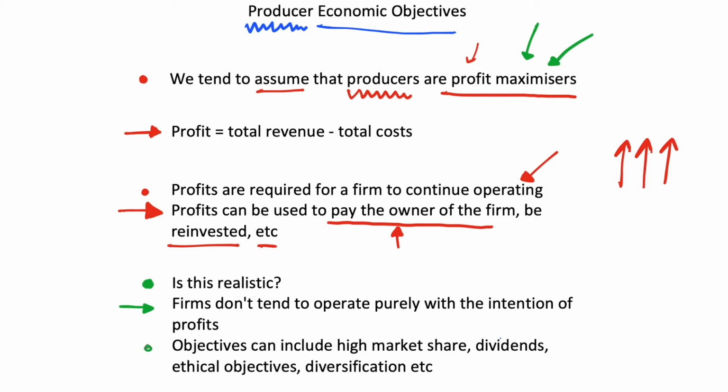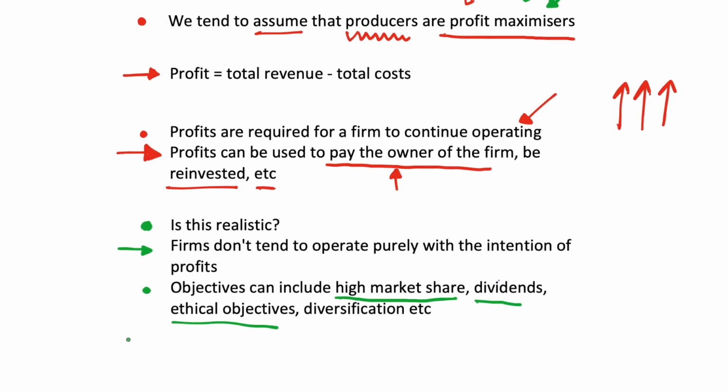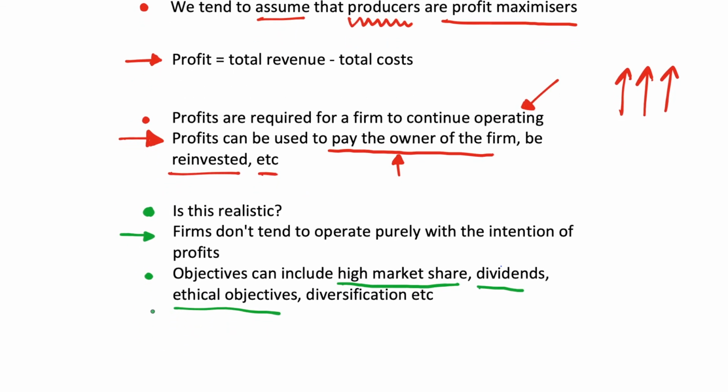So a business, for example, when it's starting up, will be looking to increase its market share. They may want to reward their shareholders with increased dividends. They might have lots of objectives regarding their local community, or ethical objectives where they want to help improve the local area, donate to charities.